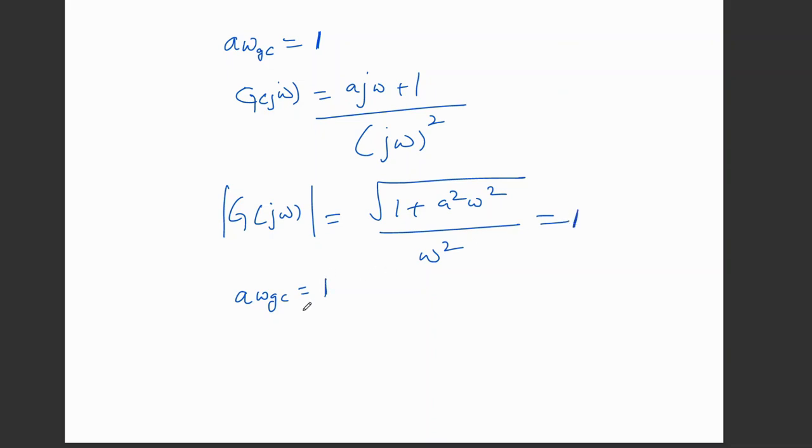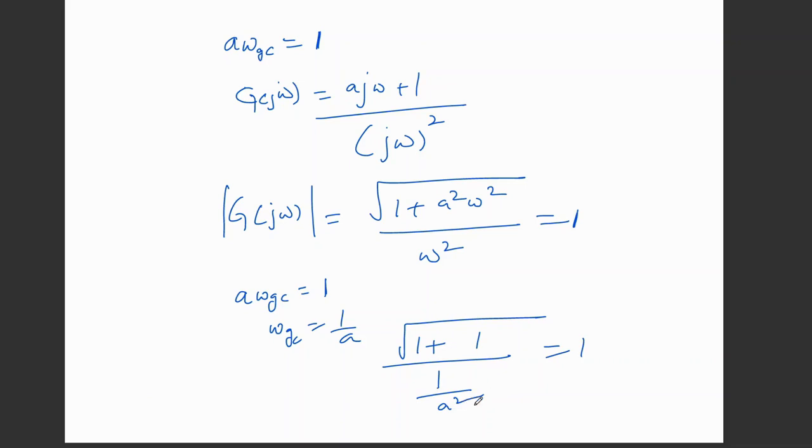So omega gain crossover is 1 by a. So I replace omega by 1 by a. So I get root of (1 plus a squared omega squared), which is 1 plus 1, by (1 by a squared) equal to 1.